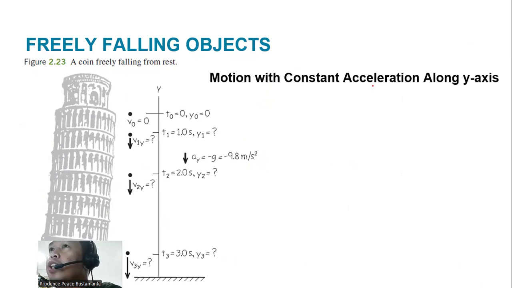One example of that is when you fall from some height. You are accelerating with a constant acceleration equal to negative g, where g is equal to 9.8 meters per second squared. Negative means you're accelerating downward.